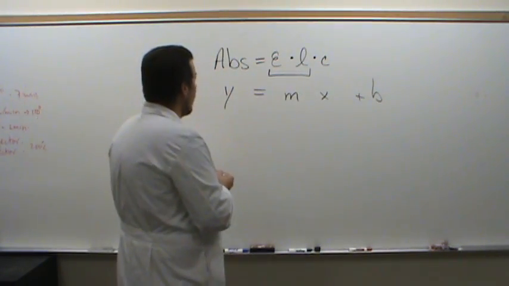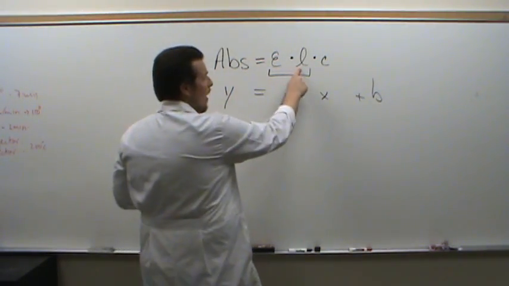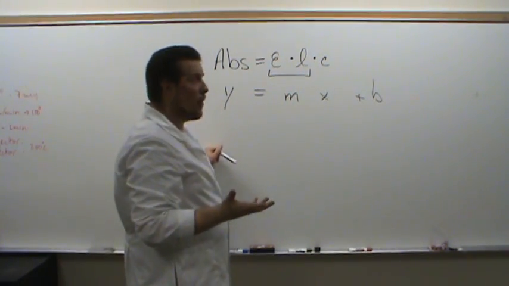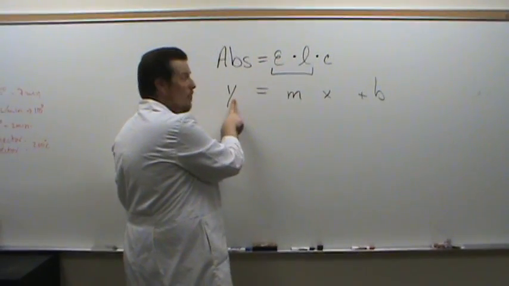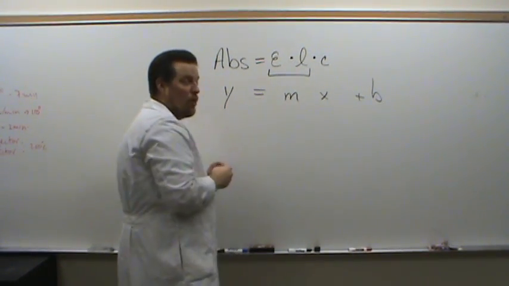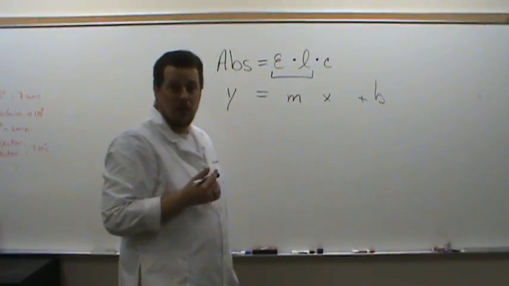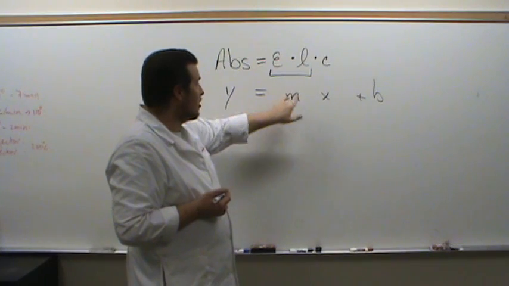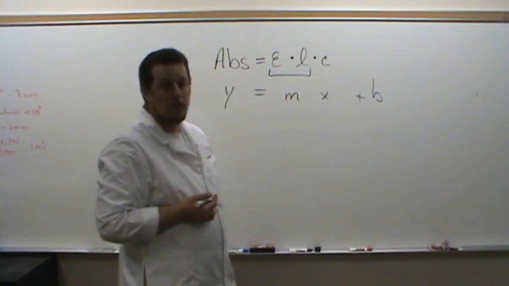So it looks like if we keep the path length constant, which we can pretty easily do experimentally, all we have to do is plot absorbance versus concentration for some known samples, and we can calculate this term, this slope, epsilon times the path length.